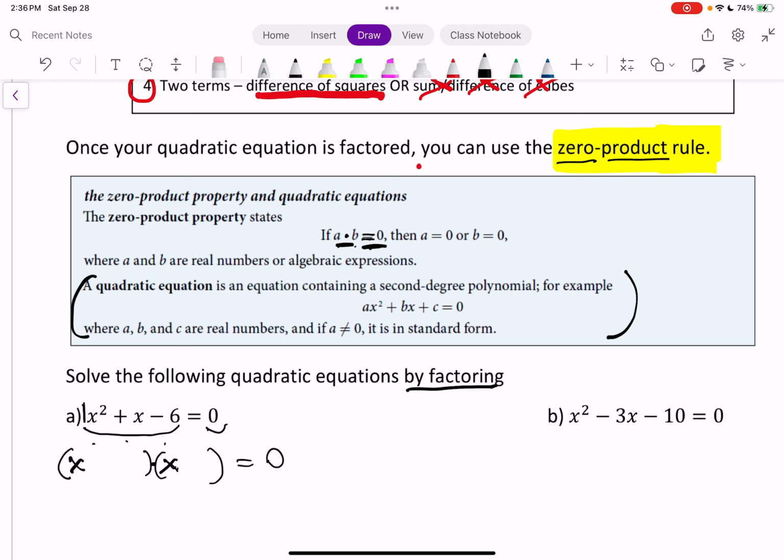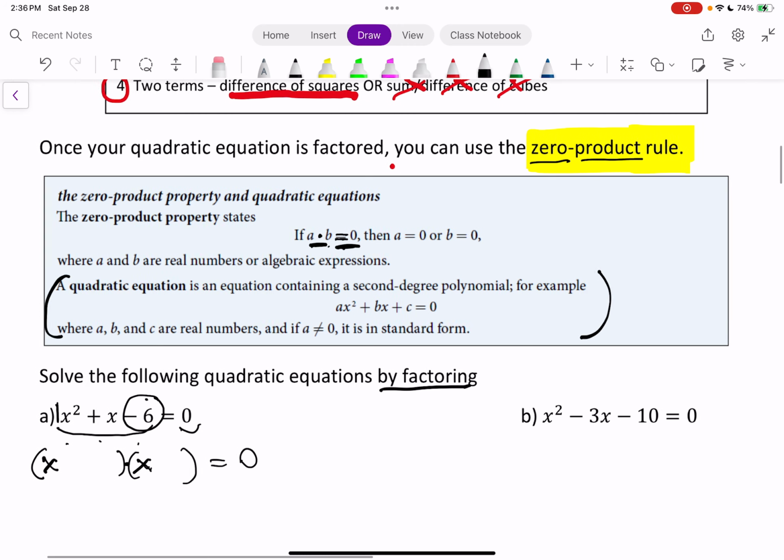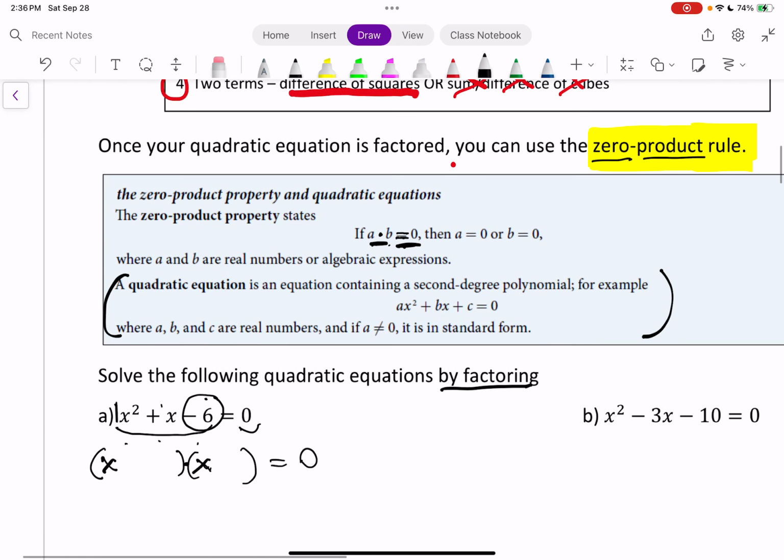And then I have to think about what 2 numbers multiply to -6 and add up to this positive 1 that I have in front of x. So what kind of numbers multiply to -6 and add to 1? Well, because the 2 numbers multiply to a -6, that means 1 has to be positive and 1 has to be negative.